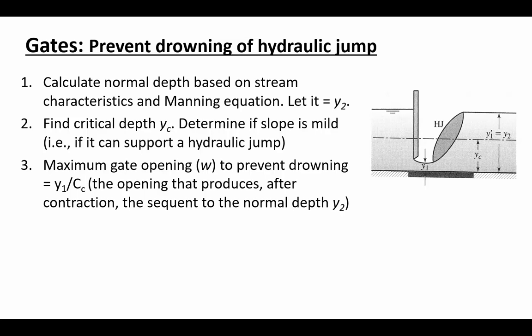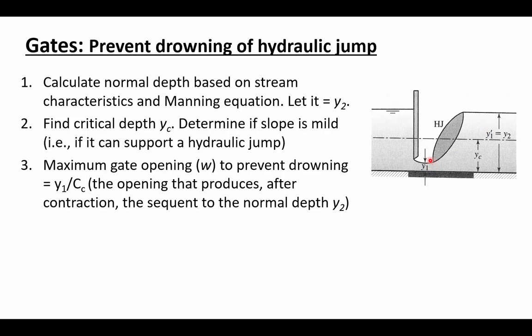So this is kind of convoluted. It's a multi-step process, but what I'll say is, for the channel downstream, based on the roughness and the slope and the width of the channel, use Manning's equation to find out what is Y2. So Y2 just means the normal depth in the tailwater. Now set that equal to the depth after the jump, and then you'd find out what's the upstream depth, so the sequent to that.